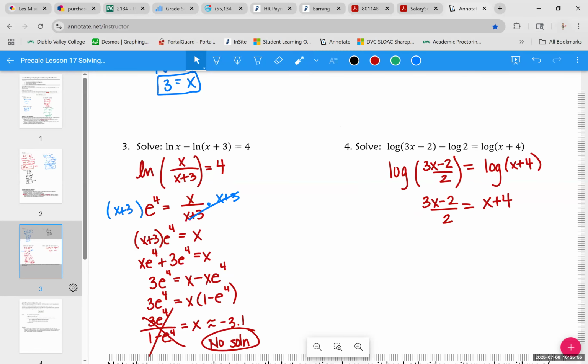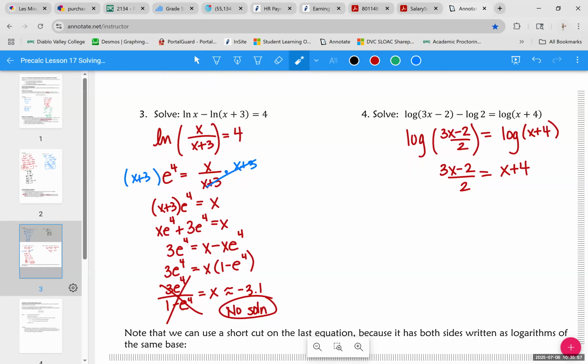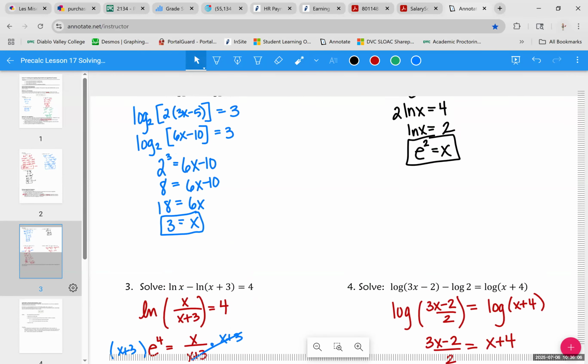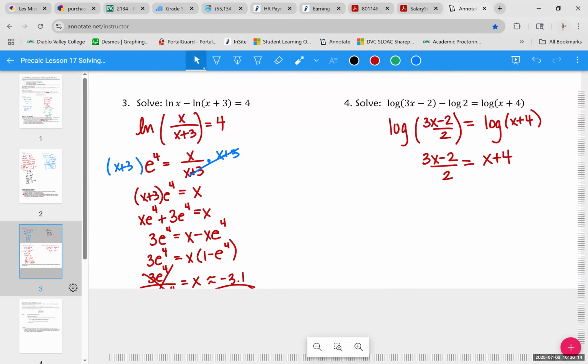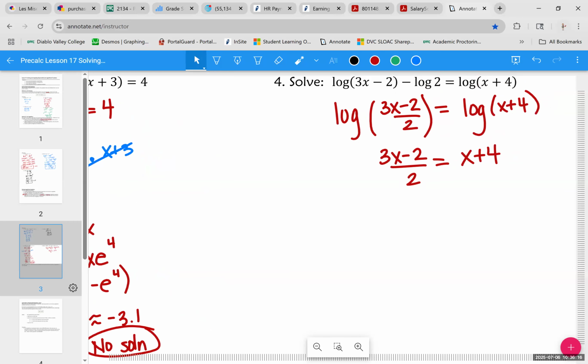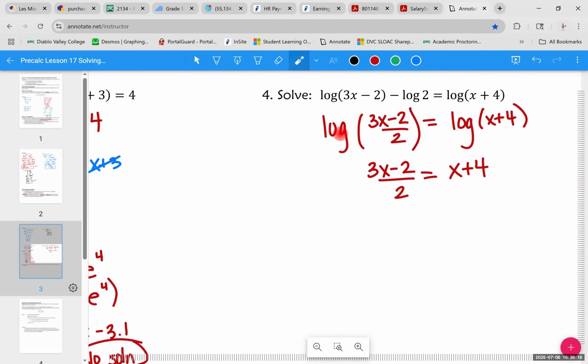If you zoom out here, that doesn't apply in this situation because I don't have an ln 4 over here. I just have a 4. And it didn't apply up here either because I don't have an ln equals an ln or a log base 2 equals a log base 2. So this sort of shortcut only applies in situations where you have the same log on each side equal to each other.